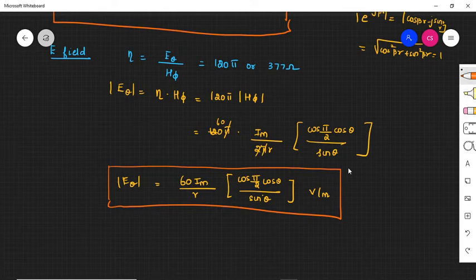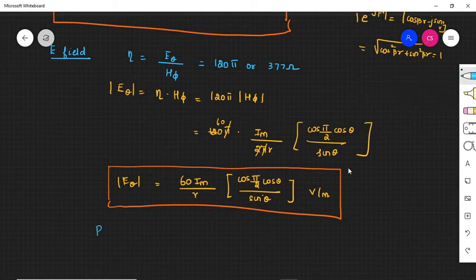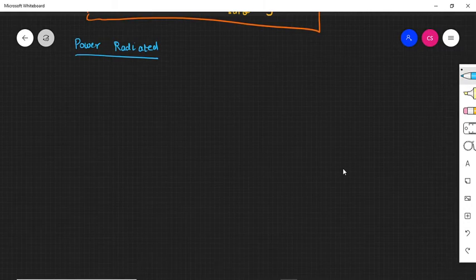The last part of the derivation is finding the power radiated and radiation resistance. So next let us calculate the power radiated from the half wave dipole. We can write the power radiated formula as double integration of the average power density over the surface, because we consider spherical coordinate system, it is not a single dimensional quantity, it involves two angles, theta and phi.